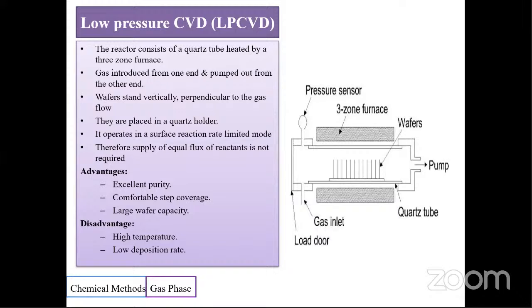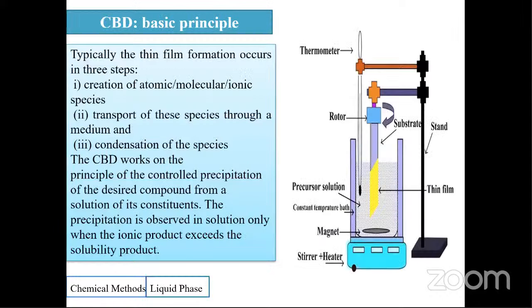The wafers which you are placing inside the chamber are placed vertically, or you can say perpendicular to the gas flow, and for that purpose we are using a quartz holder where we can put the wafers. The advantage of this technique is that we can get excellent purity, comfortable step coverage, and large wafer capacity. However, the disadvantage is that it requires a high temperature and has low deposition rates.